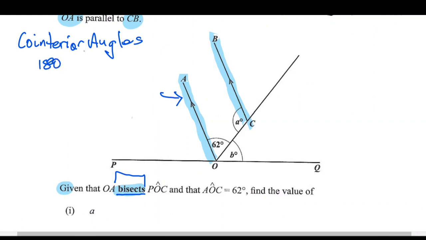So if you say 180, take away 62, we're finding this other angle right here to be 118 degrees. Because co-interior angles do add to give 180 degrees. So A right here is equal to 180 degrees.